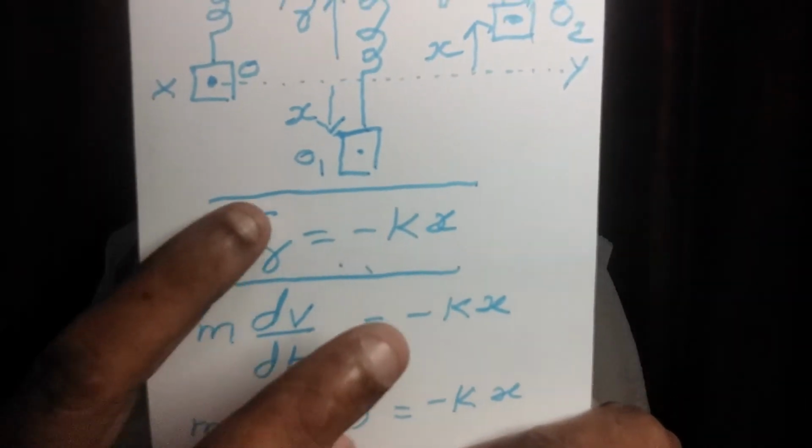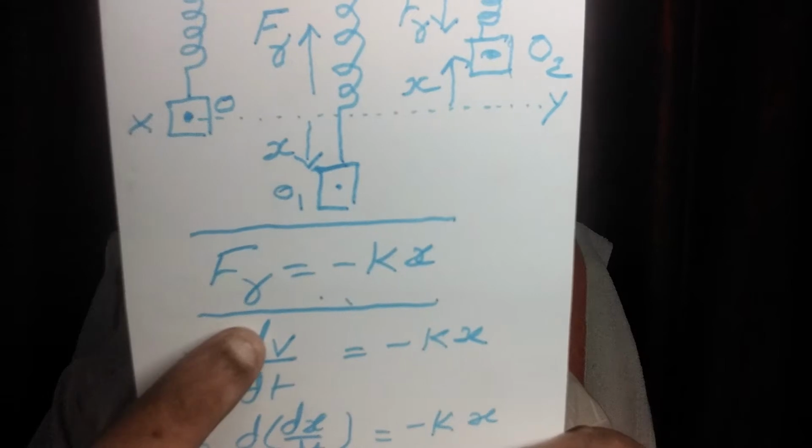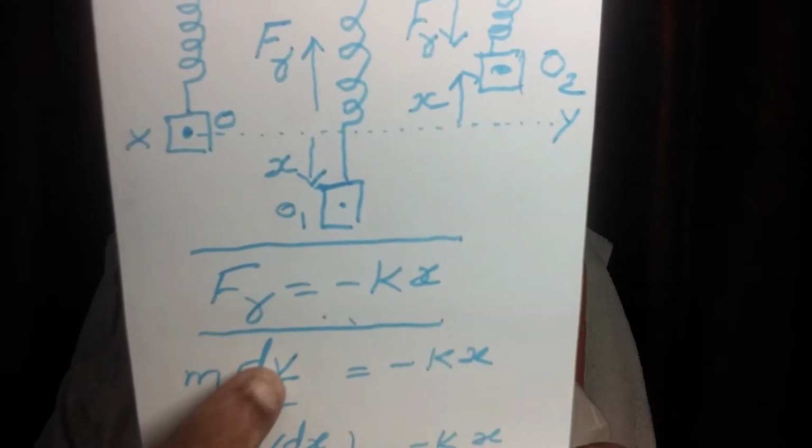Now, we have seen earlier that Fr equals minus kx. Fr is the rate of change of momentum, m into a, mass into acceleration.